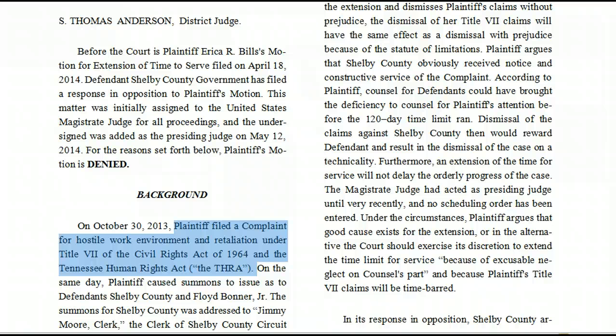Title VII is a federal statute, and the Tennessee Human Rights Act is, of course, a Tennessee statute. So one of these claims is a federal claim, and one of these claims is a state claim. And at this point in your career, it's totally understandable if you can't distinguish those two things, but as the year goes forward, it's going to be important to identify what are federal claims and what are state claims for a whole host of reasons that become relevant in civil procedure.